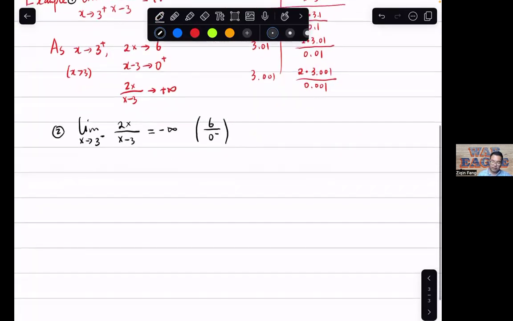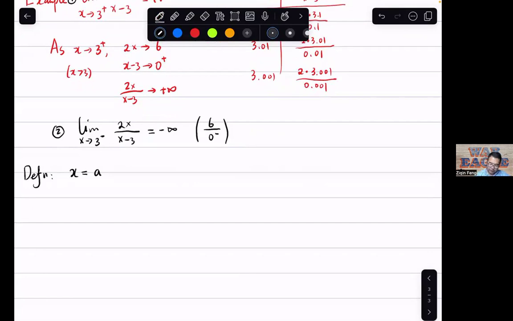So now let's write down the definition of vertical asymptote. x equal to a, clearly x equal to some number, is a vertical line.